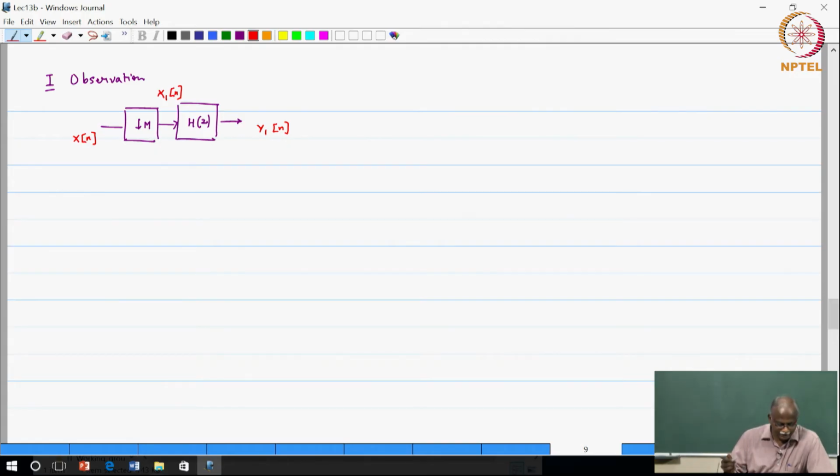It is straightforward. Let us first write down X1(z), that is a downsampled signal: 1/M summation k equal to 0 through M minus 1 of X(z^(1/M) W_M^k), okay, that we are comfortable with.